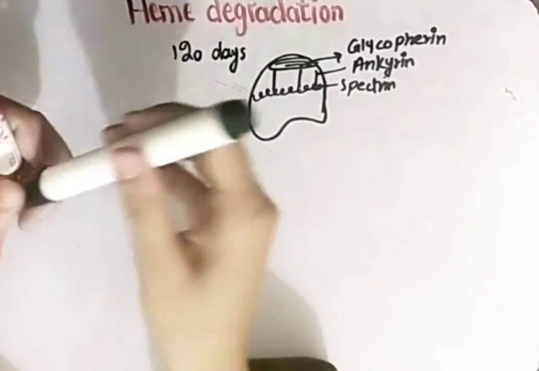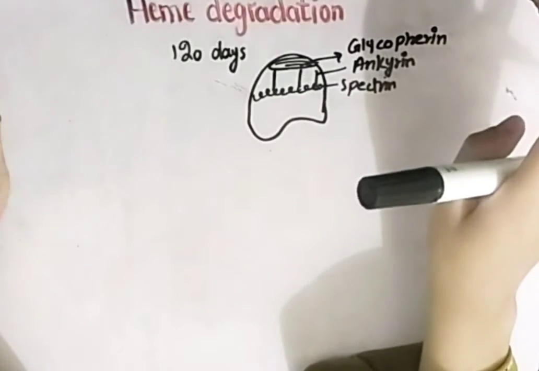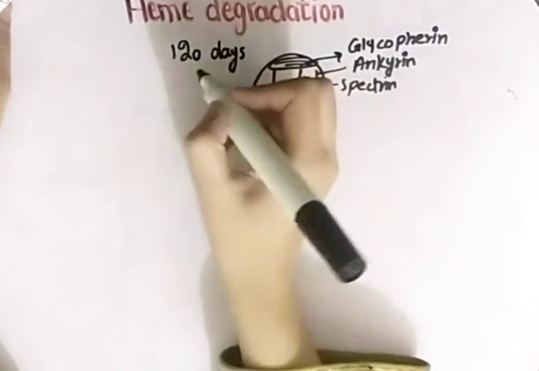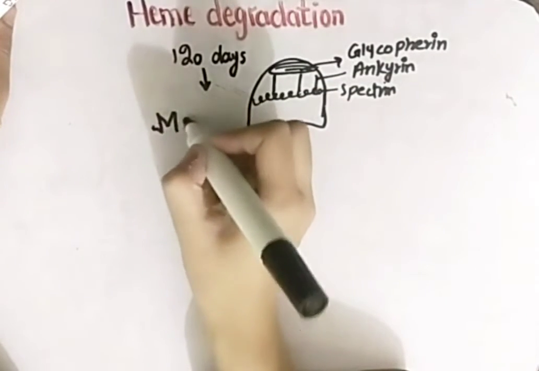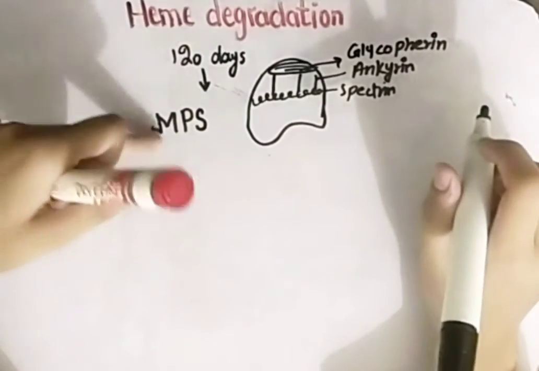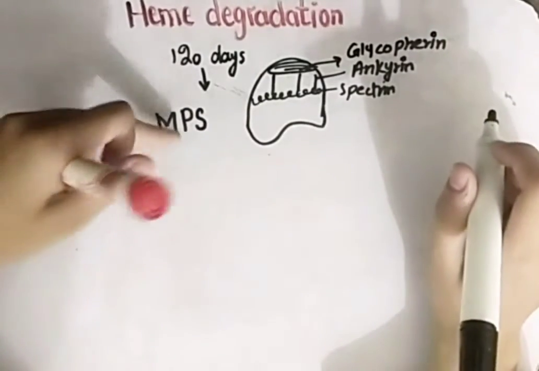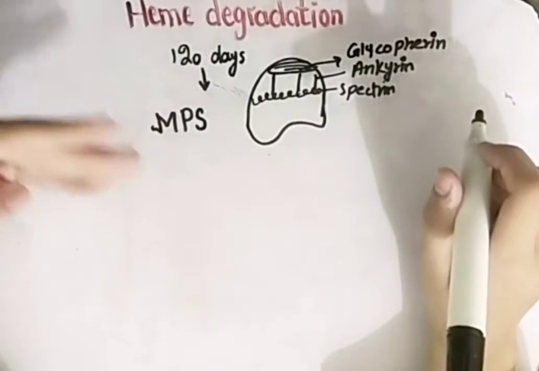So where does this RBC go after it has completed its 120 days? It is taken up by the mononuclear phagocytic system. Okay, what is the mononuclear phagocyte system? It is basically the same as the reticuloendothelial system.